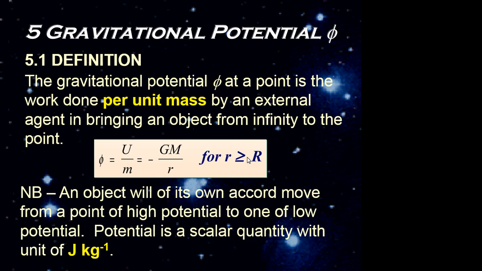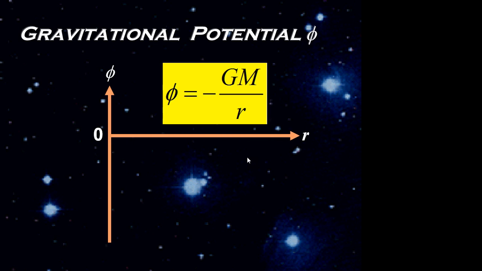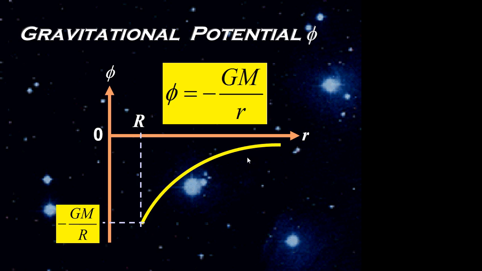So if you look at this, what is the potential at infinity? Like potential energy, it should be 0. Very good, right? And you look at the graph. I introduce it in the same manner as gravitational potential energy.